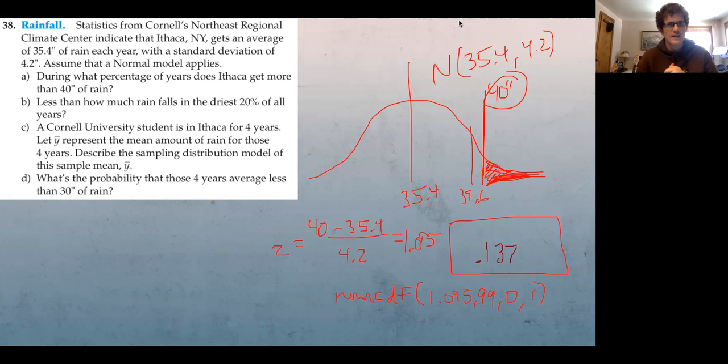The next one says, how much rain falls in the driest 20% of all years. What function on our calculator do we need to use for this? This is a deep cut right here. Let's see if you guys can remember.